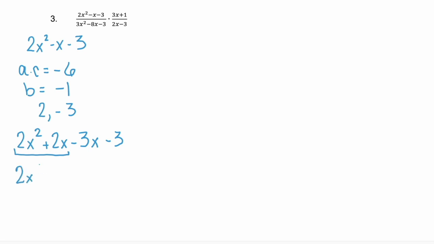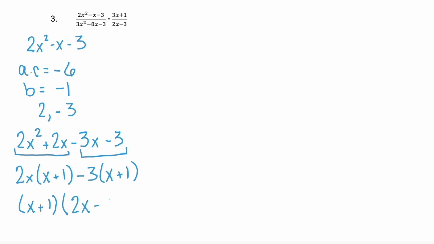So we have 2x times x plus 1. And those last two terms have negative 3 in common. And we're left with the binomial x plus 1. And now that you're down to two terms, you factor out that binomial x plus 1 that they share in common, and you're left with the binomial 2x minus 3. So on the far right here, we can rewrite that numerator, x plus 1 times 2x minus 3.